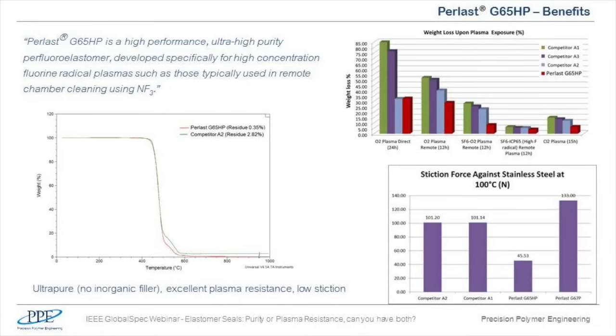Then we measured the force to remove the plates from the O-rings. It can clearly be seen from the bar chart on the bottom right-hand side. Perlast G65HP sticks a lot less, which means it is a lot less sticky, which has potential to save some time and money for its users.